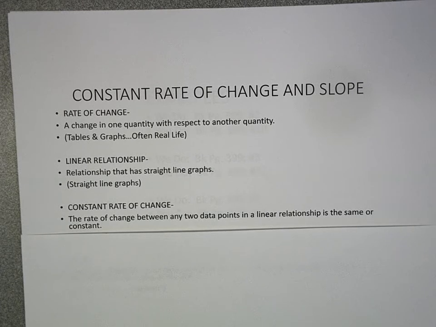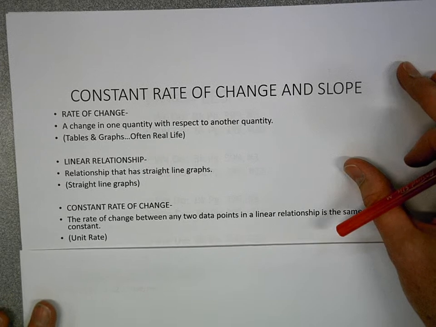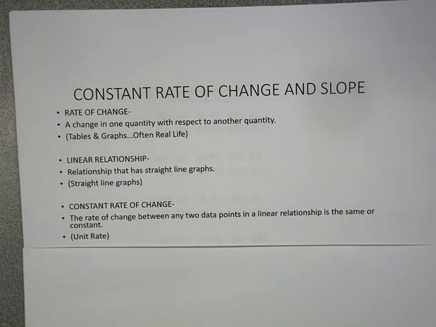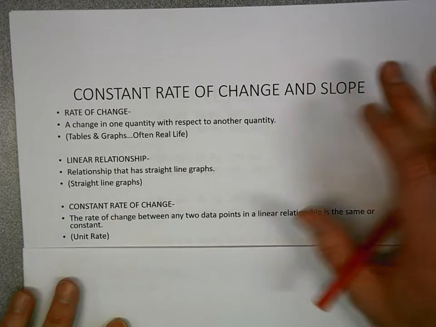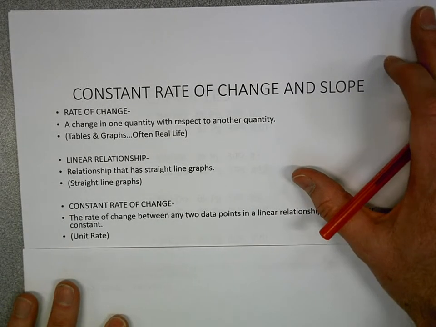So when a relationship is linear, you can say that it has a constant rate of change. This is described as a unit rate. We talked about rates and proportions earlier in the year, and it's going to kind of come back around. It's expressed as a unit rate most of the time.